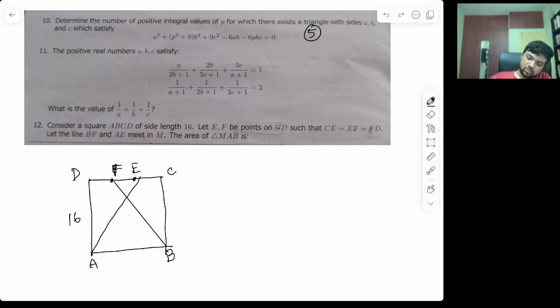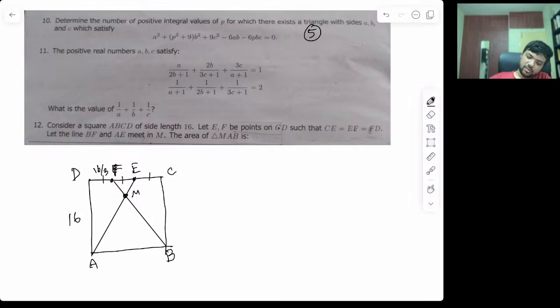So, area of triangle MAB is what? It's similar, no? These two are similar, and we can calculate the ratio. So what is the fastest way to do this? Let's see, 16 by 3.